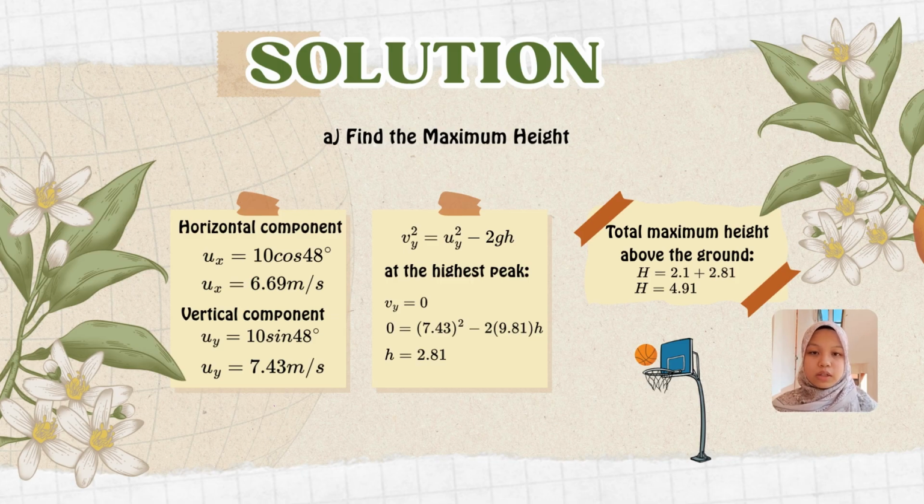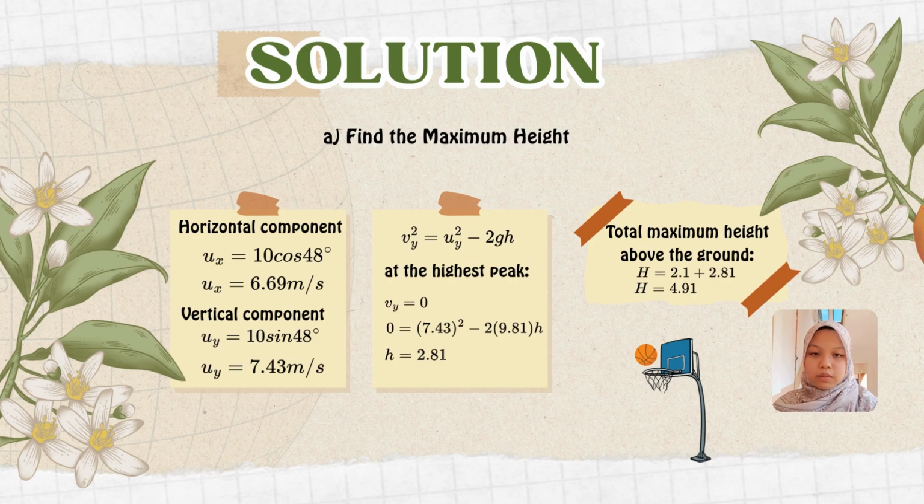First, we resolve the initial velocity into its horizontal and vertical components. The initial speed is 10 meters per second and the launch angle is 48 degrees. The horizontal component is calculated using cosine, which is ux equals 10 cos 48 degrees, and ux equals 6.69 meters per second.